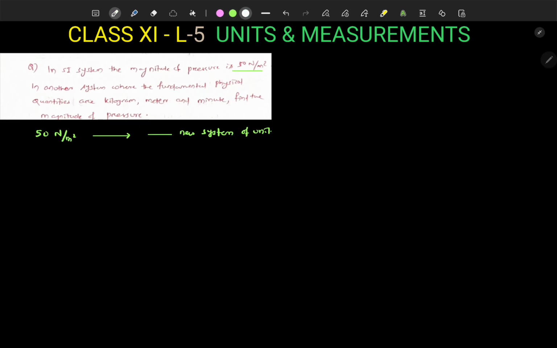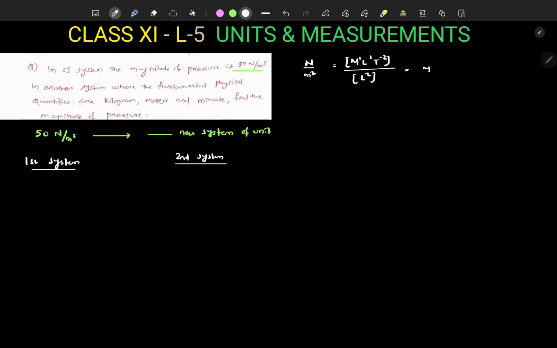First we have to write about the first system, and here is our second system. The unit is mentioned, Newton per meter square, so we can find the dimension. Newton is the unit of force, so its dimension is M1 L1 T minus 2, and meter square has dimension L2.